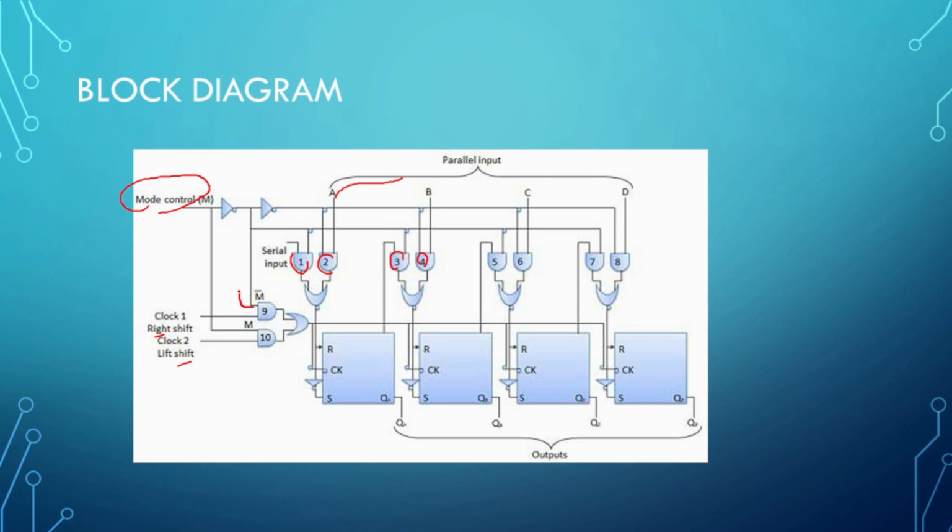And this is the mode control of AND gates 9 and 10. Afterwards, this is the input, and Q3, Q2, Q1 and Q0 are connected as the outputs of these 4 flip-flops.